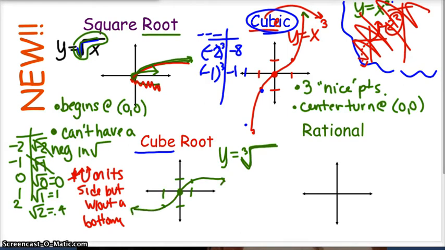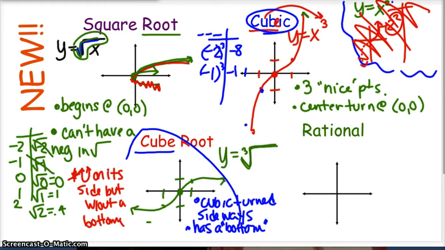And this half down here is allowed to be there because you are able to have a negative value inside the cube root. So some main points to write: this is a cubic, turned sideways. So it's a cubic turned on its side, and this one has a bottom.